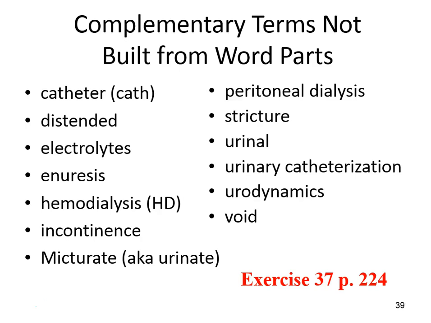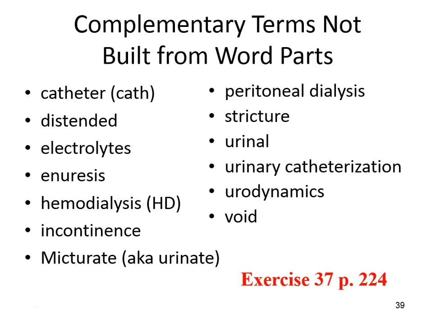Peritoneal dialysis is another version or another treatment for kidney failure. Peritoneal dialysis is another way to remove wastes from the kidney. It's just a different process where you kind of hook up a bag that collects all those bad things and you swap it out.